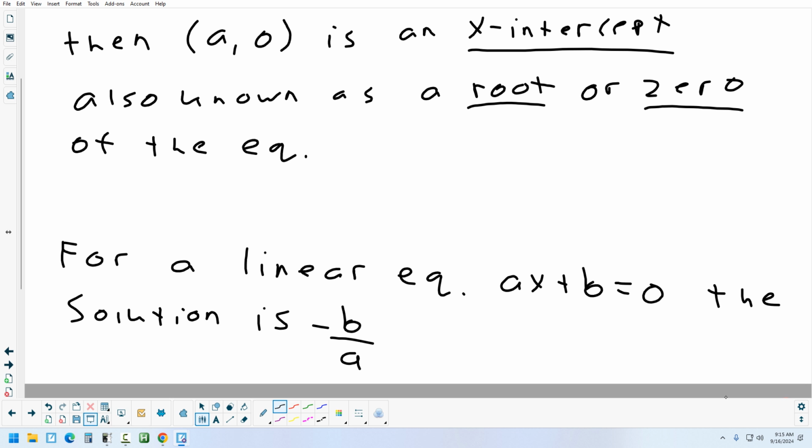And look how much simpler that is than quadratic. It's way simpler. Just negative b over a. So you can think of that as the linear formula compared to the quadratic formula. It's only 2 steps to get the variable by itself: move the constant to the other side and divide by what's in front of x.